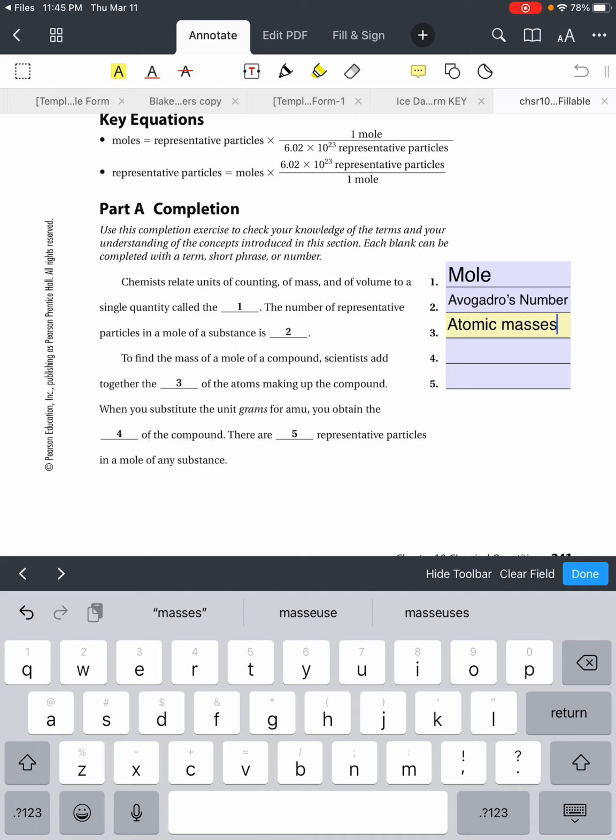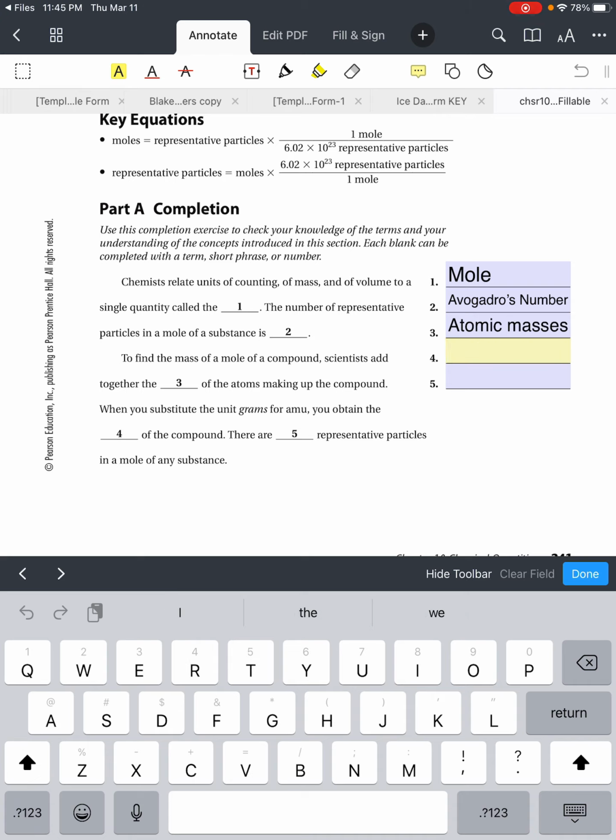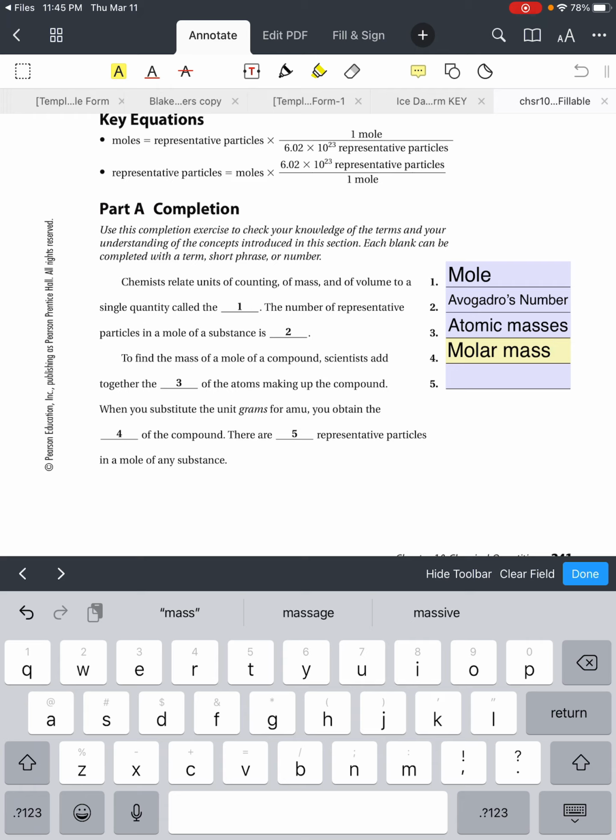And when you substitute the units grams or grams per mole for atomic mass units or AMUs, you obtain the molar mass of a molecule or a compound.